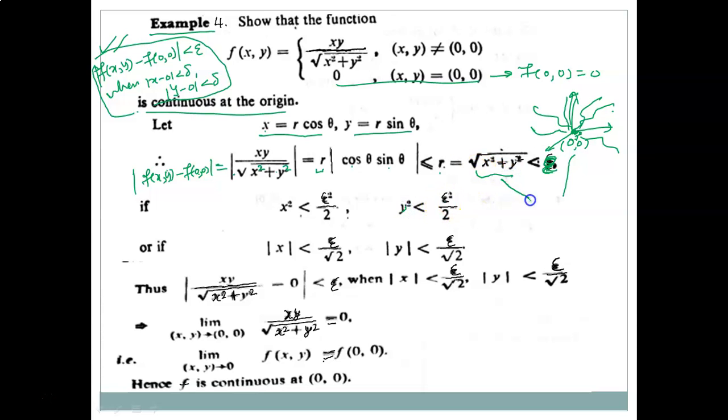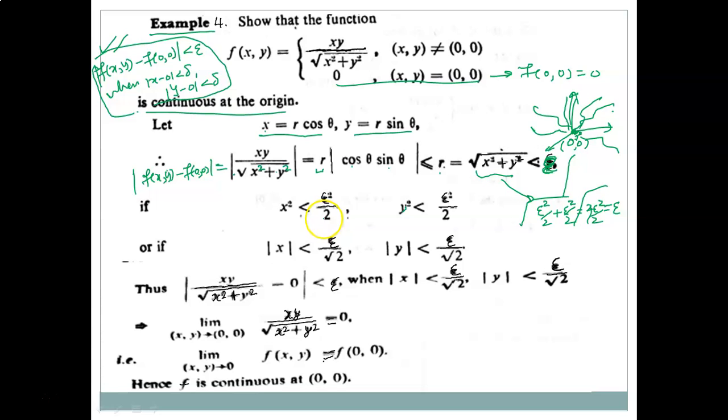Because here in place of x square and y square, if you write epsilon square by 2 plus epsilon square by 2, that becomes 2 epsilon square by 2, the 2 goes with 2, and the square root is there, so that is equal to epsilon. So that is why we are saying that the whole thing can be less than epsilon whenever x square is less than epsilon square by 2 and y square is also less than epsilon square by 2.